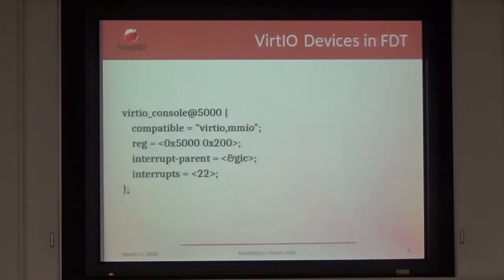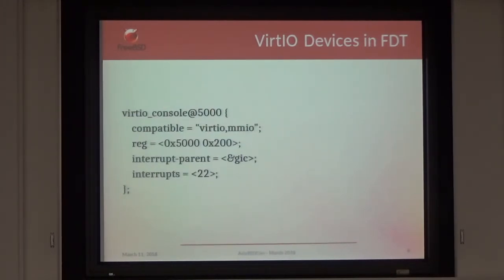For example, the VirtIO console device has the following representation in our FDT. It is compatible with VirtIO and MMIO. It has a starting memory region of 0x5000 in hexadecimal and a size of 200.